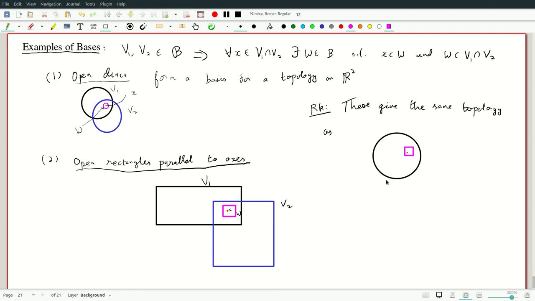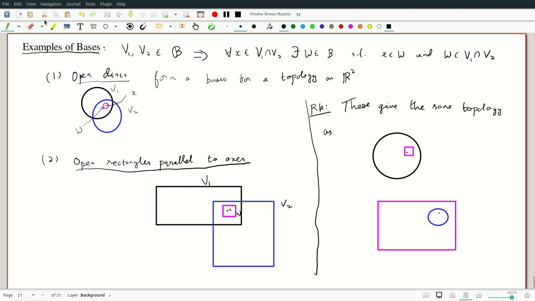And conversely, if I am given a rectangle and a point wherever I want in it, as long as it's an open rectangle, I can find a circle, maybe this was blue, which contains this point and is contained inside the rectangle. So you can put rectangles in circles containing a point, circles in rectangles. It's an exercise to formulate this as a precise statement not involving pictures and to prove this. Okay, so I will leave that aside.